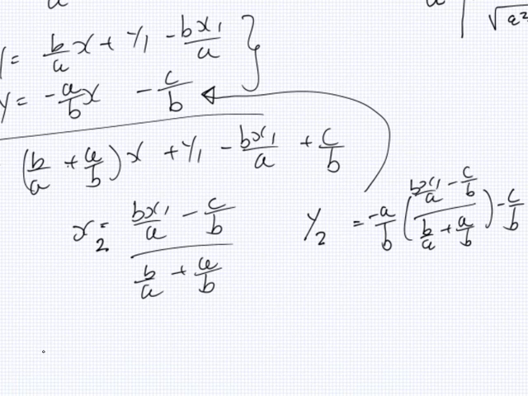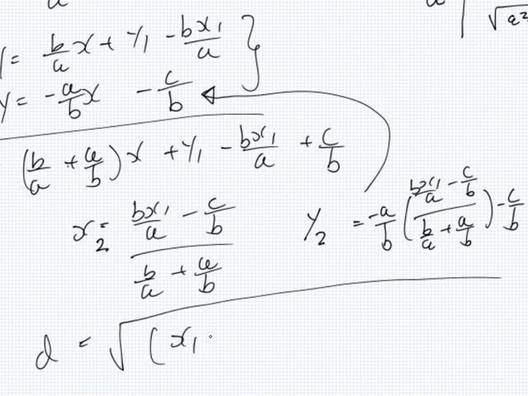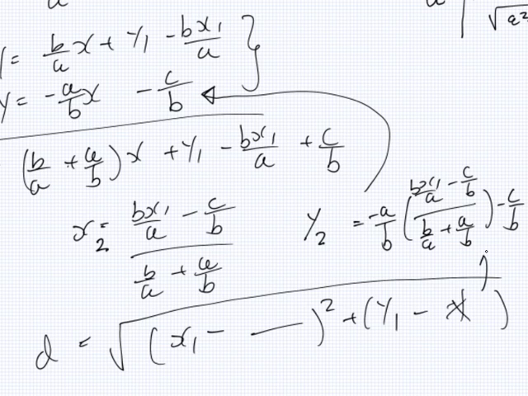And then to get the distance, square root of x1 minus that fraction squared plus y1 minus that one there.